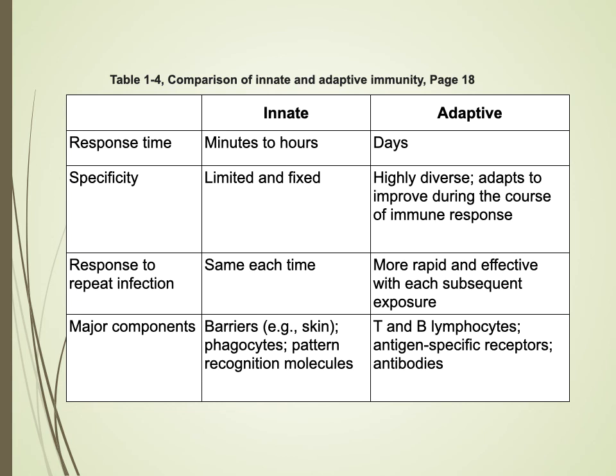When we look at the major components of innate, we have our first line of defense, our barriers, our skin. Our skin is very much part of our immune response. A lot of the characteristics of the skin, the fact that it has an acidic nature, it has a higher salt concentration, we have defensins that are secreted, we have oil glands that are present.